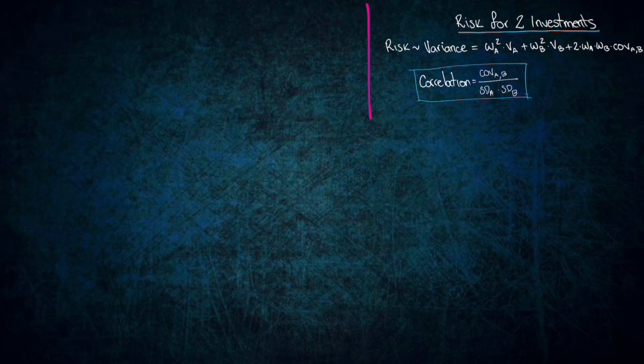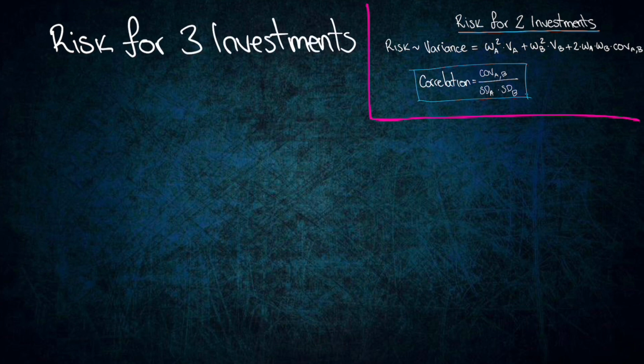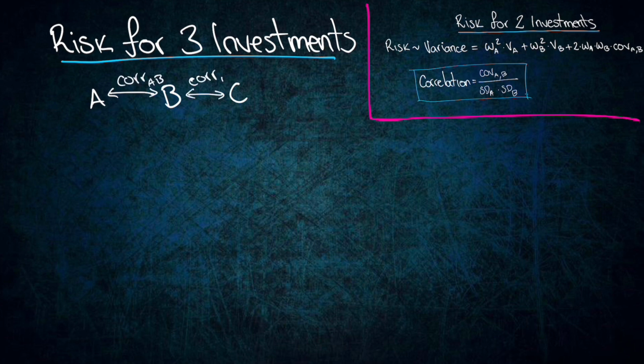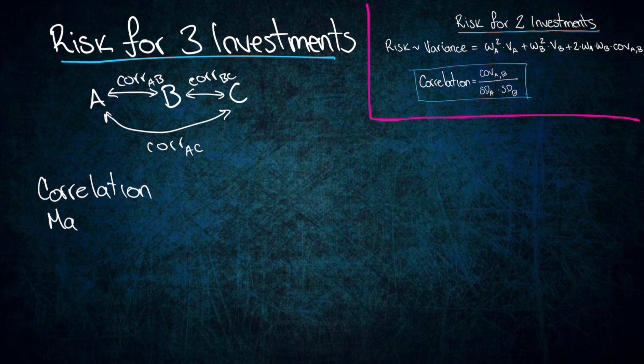But first, what will happen if we have 3 different investments instead of 2, and we need to consider all the correlations among them? We will have in total 3 correlations: from A to B, A to C, and B to C. Usually when we have more than 2 assets and we want to see the correlations among them, we will write them in a matrix.